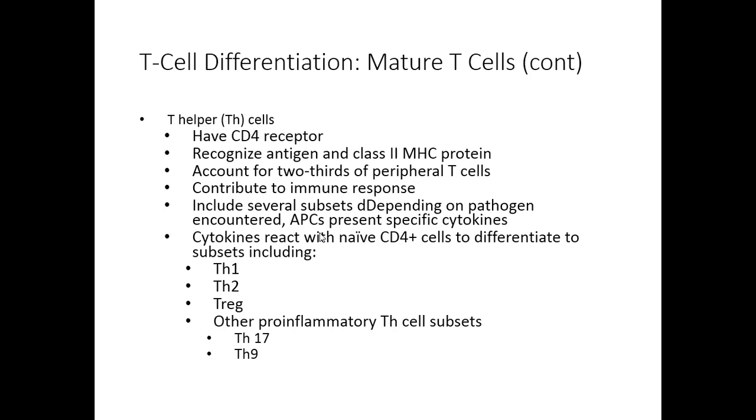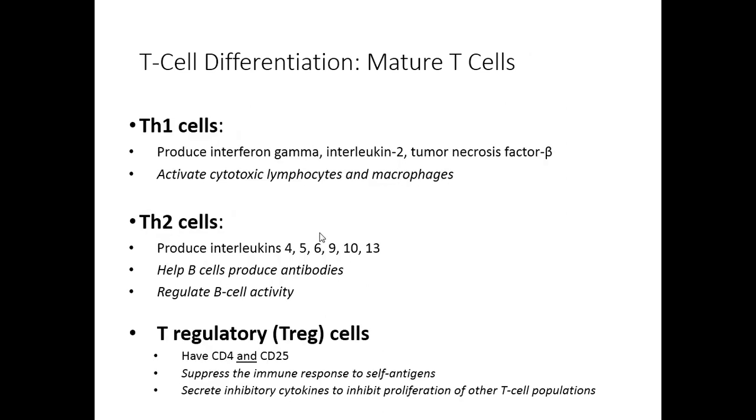There's a T helper 1, T helper 2, a T regulatory subset, and then there are several lesser recognized T helper subsets, a Th17 and Th9. Those are pro-inflammatory T cell subsets, and we'll see those in not as much detail in just a few minutes. But let's look at T helper 1, 2, and T reg cells.